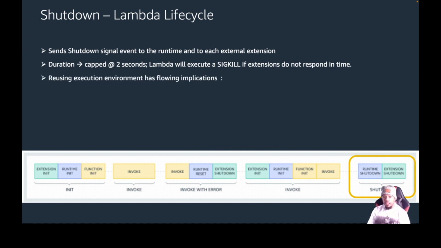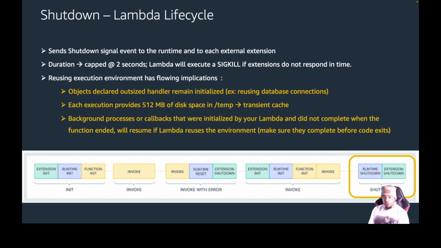So reusing the execution environment for Lambda has the following implications. The first thing is that objects declared outside the handler will remain initialized, for example database connections. A lot of customers implement what we call pooling, where you create a database connection and reuse it across multiple invocations.